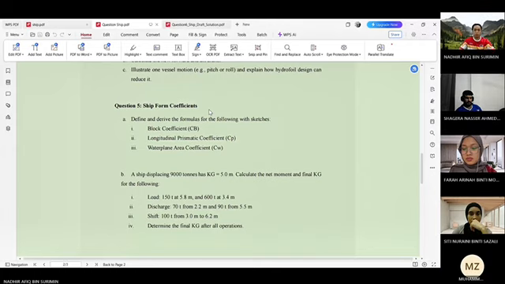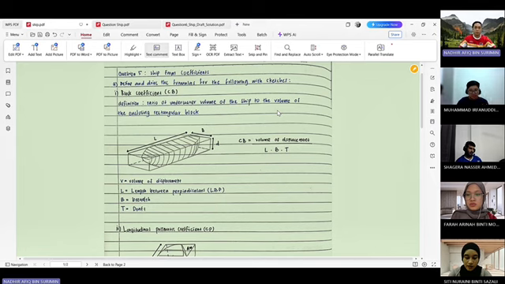Hello. Continuing with question 5, the ship form coefficient. The first question is to define and derive the following with sketches. First, the block coefficient.